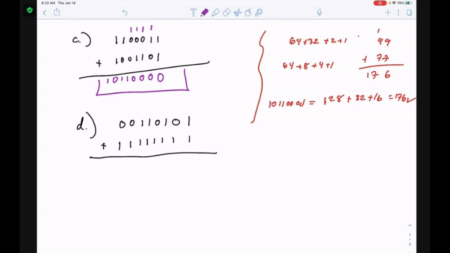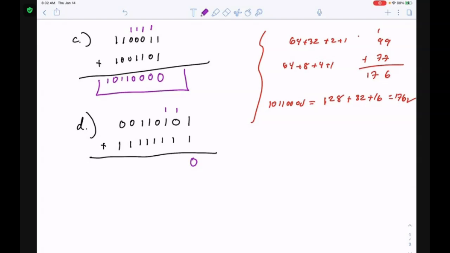All right, let's start from the right, just like normal addition. 1 plus 1 gives me? Now remember, we're working in binary, so 1 plus 1 is 10. Perfect. 1 plus 0 plus 1? 10.